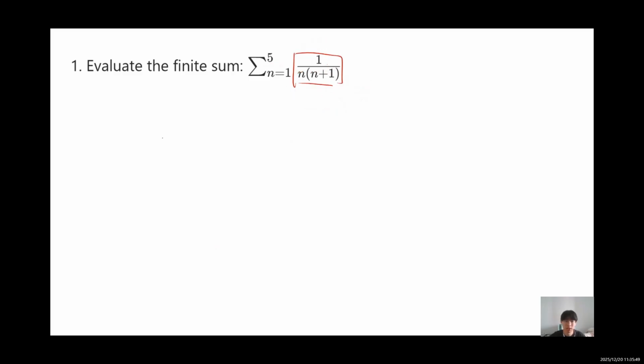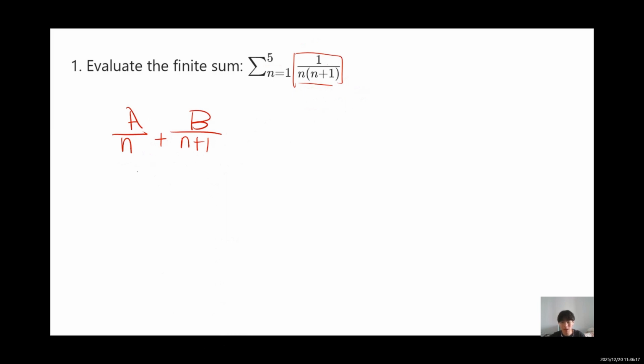So we should divide it into two parts: A over n plus B over n plus 1. This is called partial fractions, but it's not the final form.